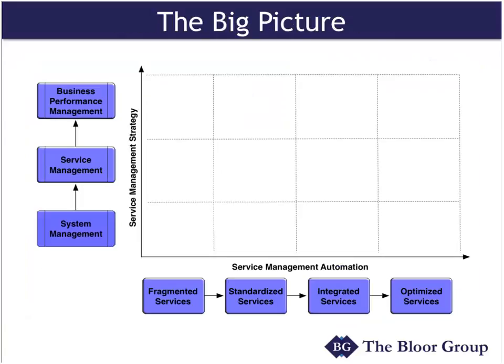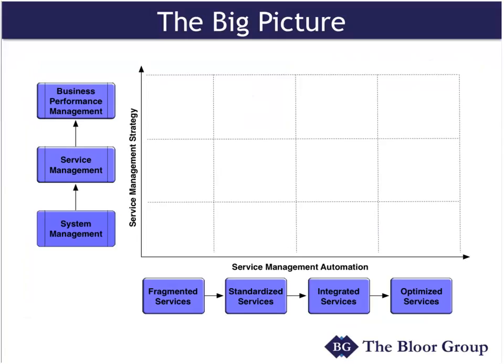Okay, this is, I think, the final slide that I was doing, just to give you a big picture of the complexity once you look at an organization's requirements for service. Going up the left-hand side, you've got system management, which is a set of software that serves into service management, which is trying to manage the service level.